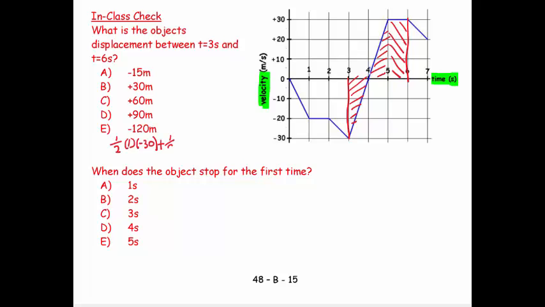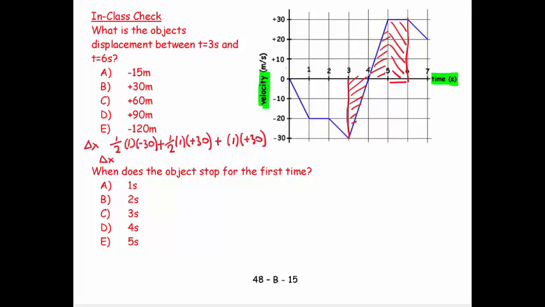It's a triangle, so it's a half, and the base is again 1, and the height this time is plus 30. And then I have the last little bit, which is a rectangle, so the base is 1 here, and the height is plus 30.